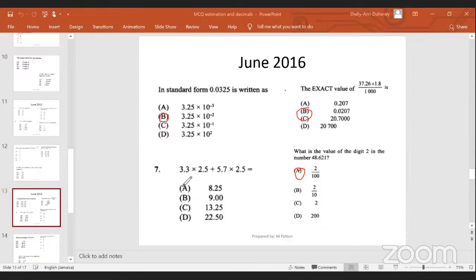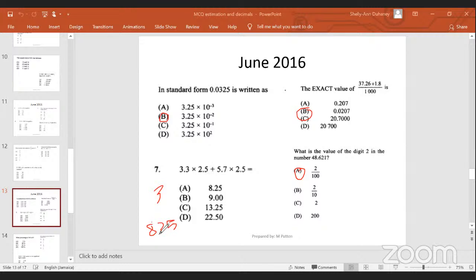Let me show you. So we have 33. When you multiply 33 times 25, what do you get? We work without the decimal. 825. Good. So how many decimal places do we have? 2.